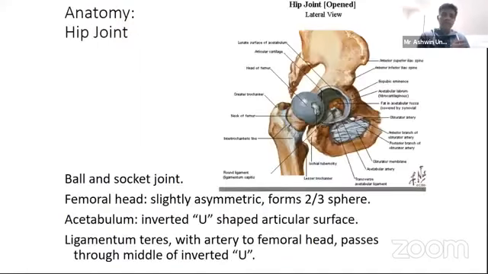So just to go through something about the anatomy of the hip, as we know, two thirds of the femoral head is in the acetabulum, and the acetabulum is a U-shaped articular surface. But the most important thing is the ligamentum teres, which supplies the blood supply for the femoral head.